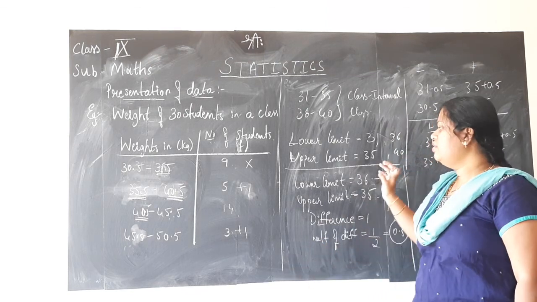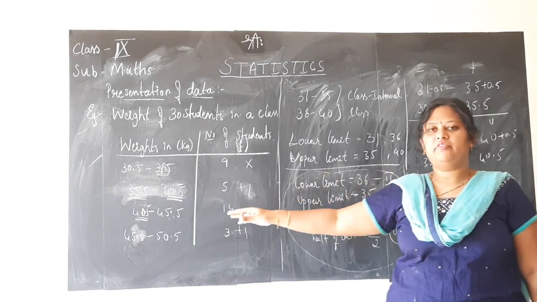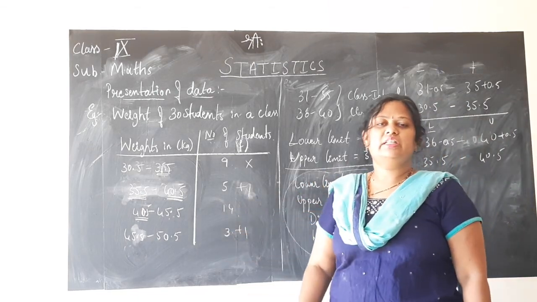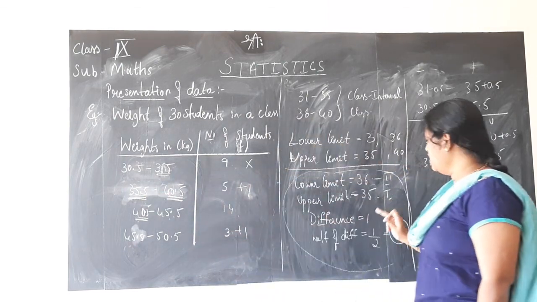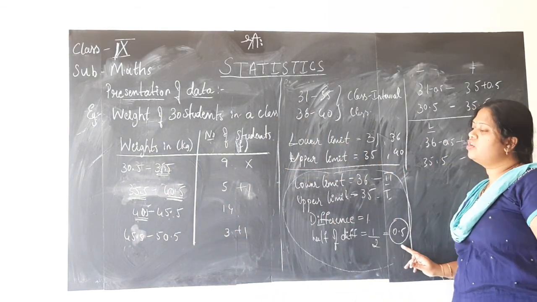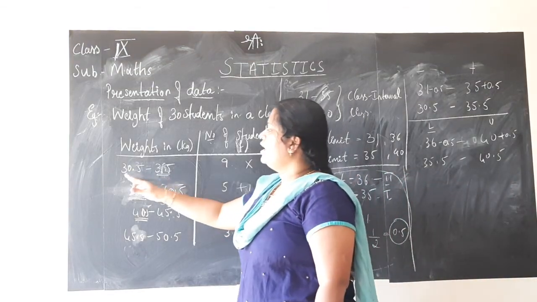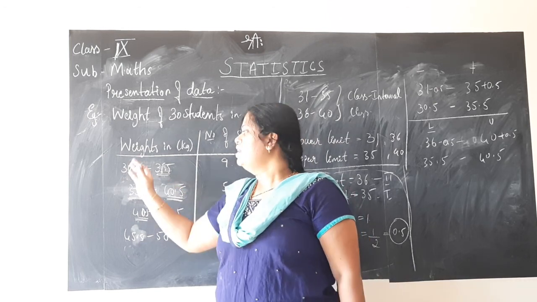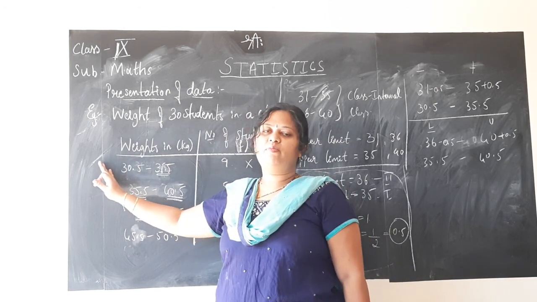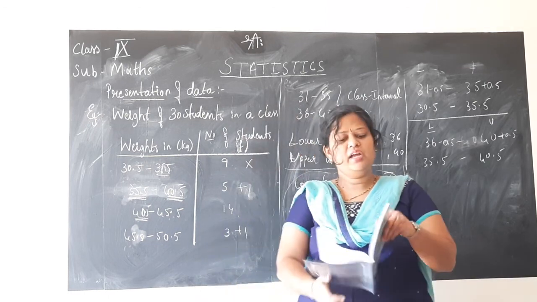Children, the reason I said you need not show all this workout for each and every problem is that most of the time the difference will always be equal to 1, and half of it will be 0.5 only. You will not get any other cases. So I said you can directly change the class interval by 0.5. Just subtract 0.5 from the lower limit and add 0.5 to the upper limit. That is how you will be doing.